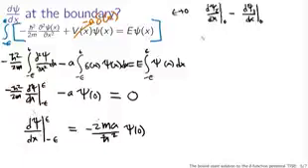If you refer back to our definitions earlier, you're taking the derivative of an exponential, which brings down the k, and we get minus bk e to the minus kx, and we're evaluating this at x equals 0. So this e to the minus kx is just going to go to 1, so I'm not going to bother writing it. I just get minus bk for the first derivative of psi in region 2 at the boundary.